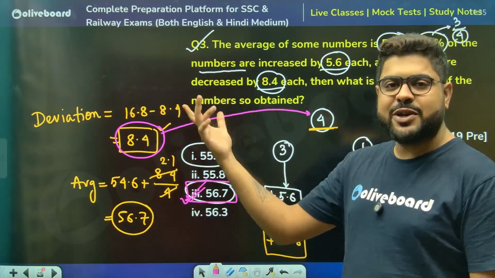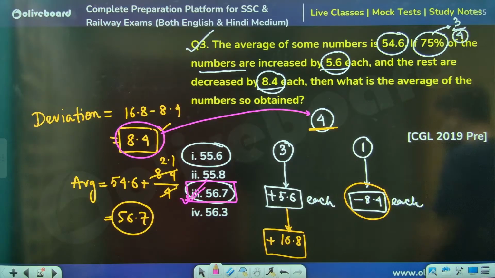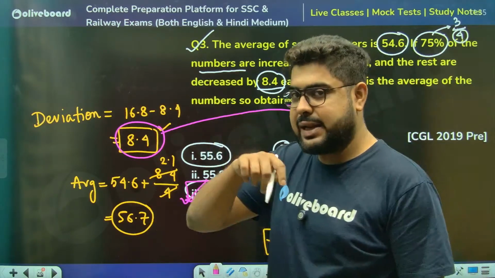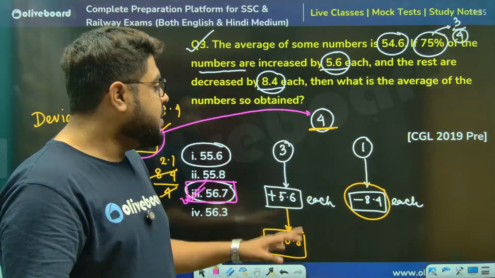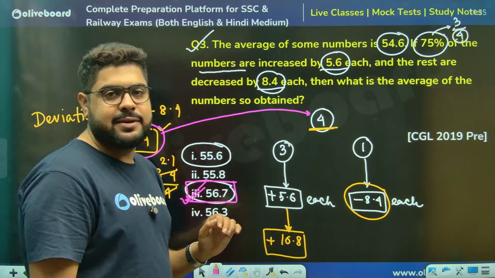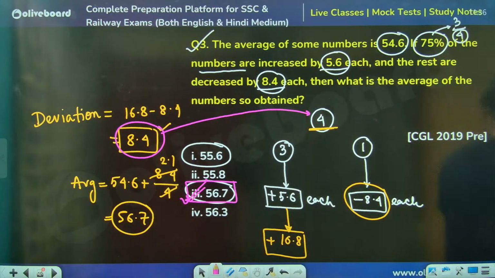Most of the time we'll do it by deviation only. Ritu, clear, sister? Dinesh, clear? Dinesh, I'll request you, migrate to this method. If you have understood this, migrate to this method. You will thank me 1 month later.